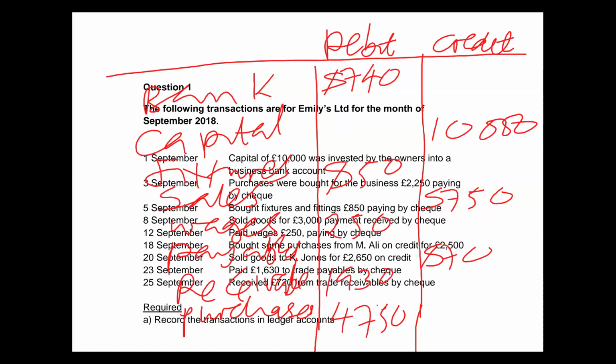If you have never missed anywhere, it should balance ideally. So let's try to balance off. Okay, moment of truth. Let's do the total. 8740 plus 4750 plus 850.